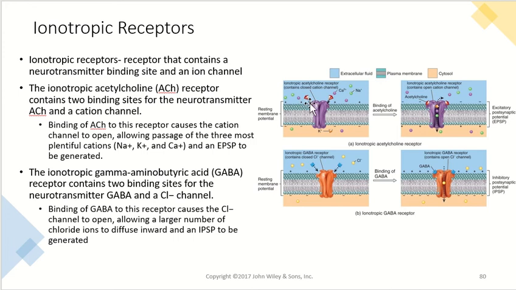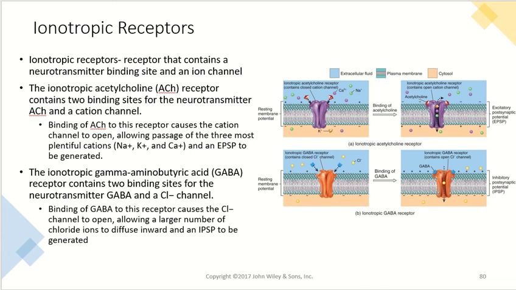So when we have binding of our acetylcholine to these two sites, it's going to cause a cation channel to open, and it's going to allow for the passage of the three most plentiful cations to enter the cell. In this case, it's sodium, potassium, and calcium. When this occurs, an EPSP is going to be generated.